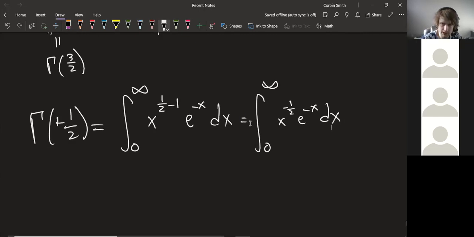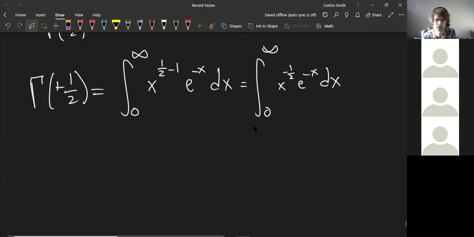So let's do a u substitution. u is equal to x squared. So du, no, sorry, other way around. x is equal to u squared. So dx is equal to 2u du.